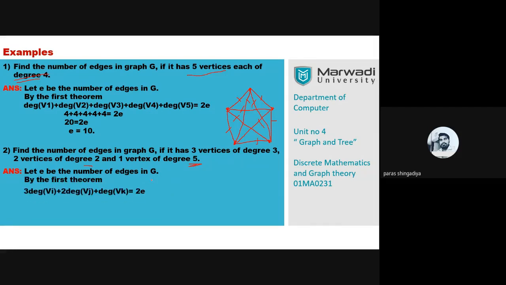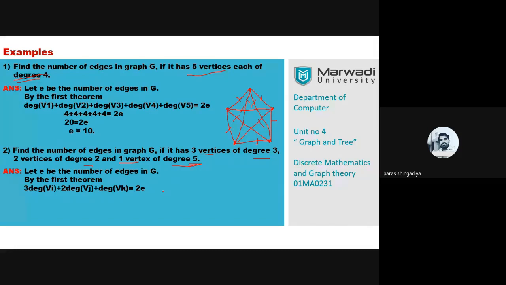By the first theorem, now we have 3 types of variety in the vertices. 3 vertices है जिसकी डिग्री 3 है, clear, and 2 vertices of degree 2 and 1 vertex of degree 5, clear. So by the first theorem, that can be written as degree of v1 plus degree of v2 plus degree of v3 and so on, clear.